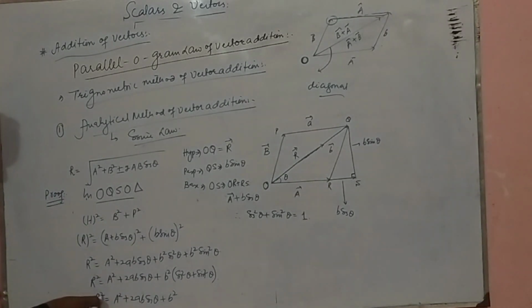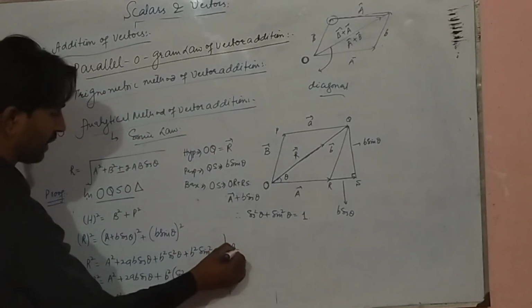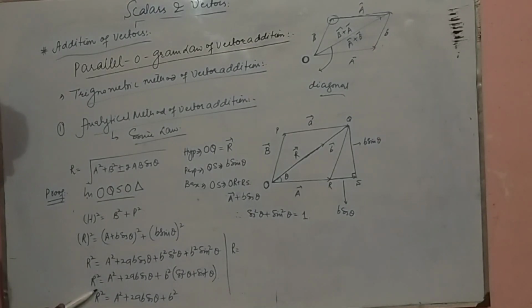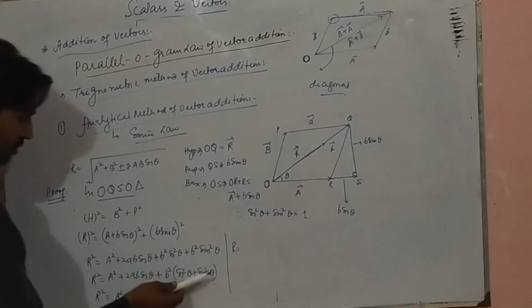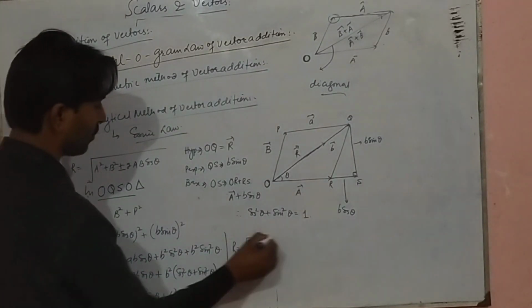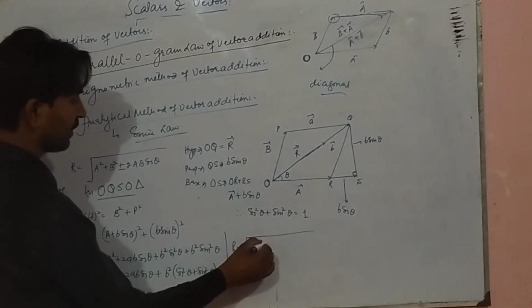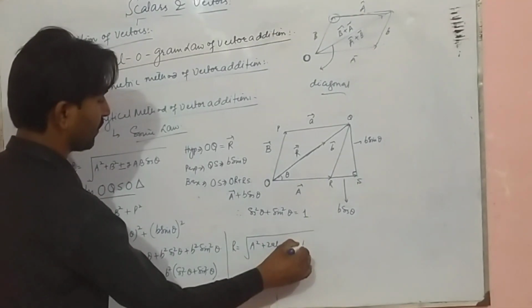After removing the square, if we take the root on both sides, R will be equal to under root a square plus 2ab cos theta plus b square.